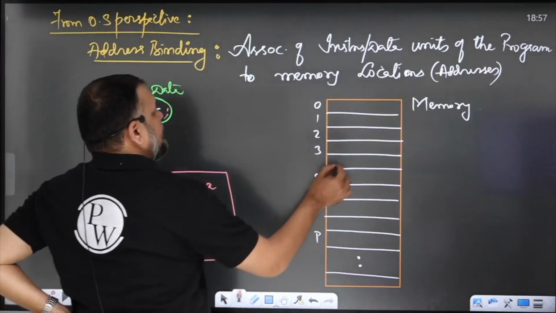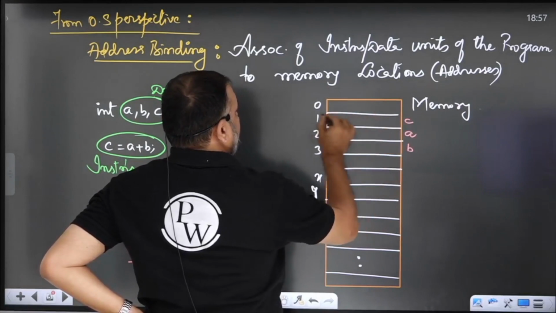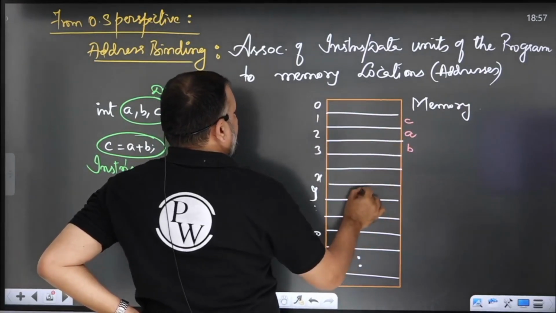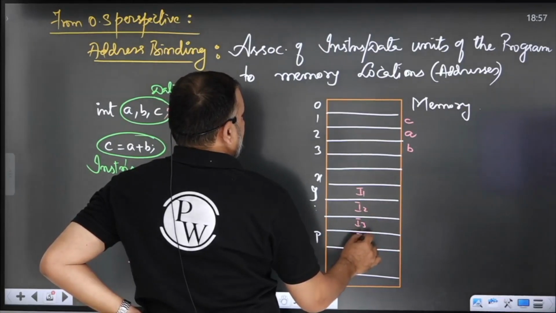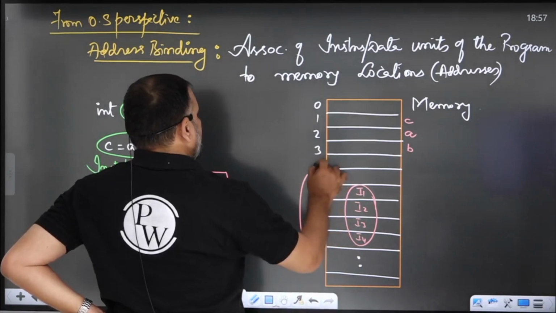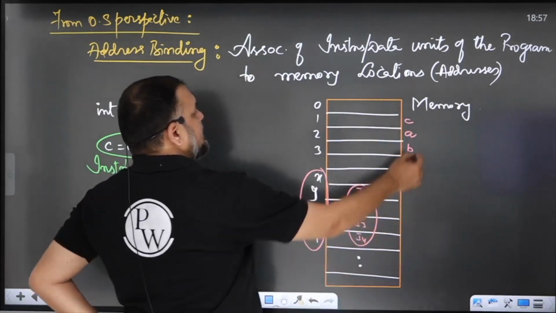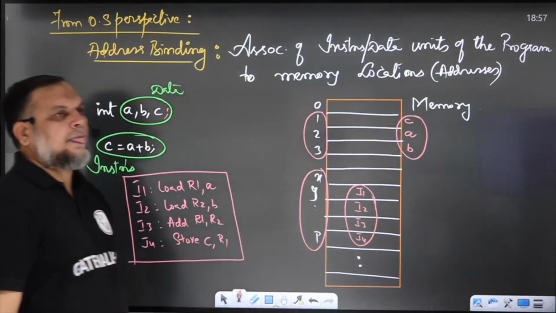If I store variable A here, B here, and C here, this is address binding. Likewise, if I store instructions I1, I2, I3, I4 here, these instructions and data units are bound to these addresses. That is called address binding.